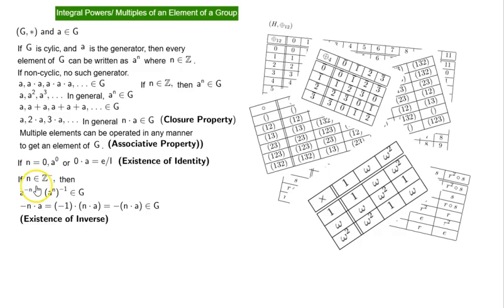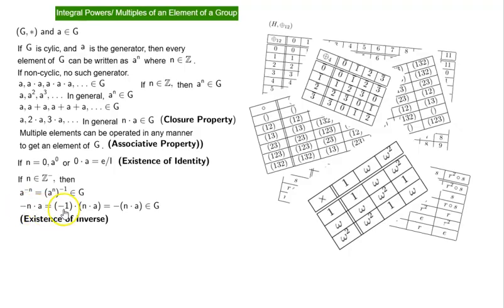Now, if n is in the set of negative integers, then a to the power of minus n can be written as a to the power of n, to the power of minus 1. That would also be in G. Or in additive form, we would write it as minus n times a.